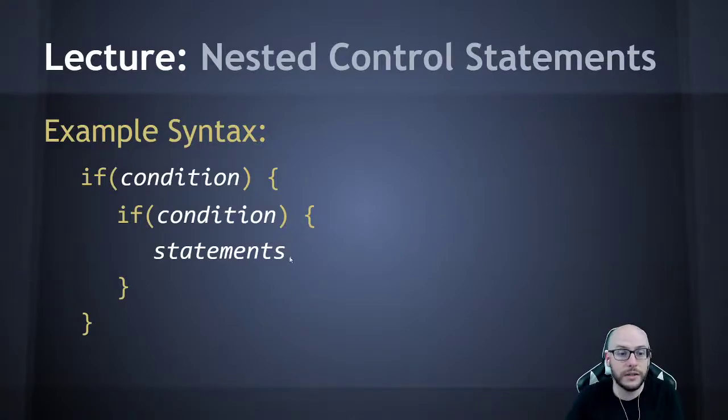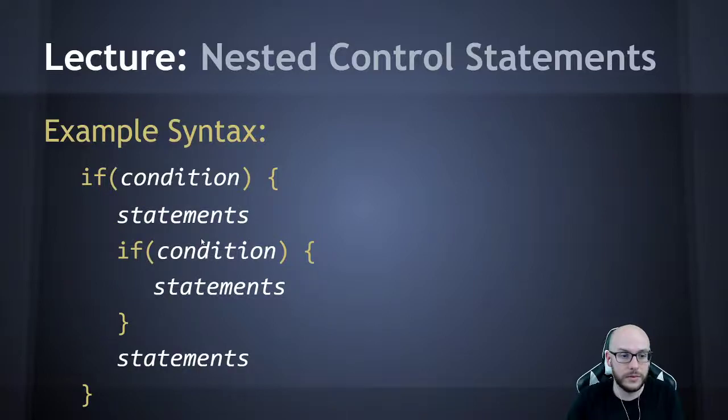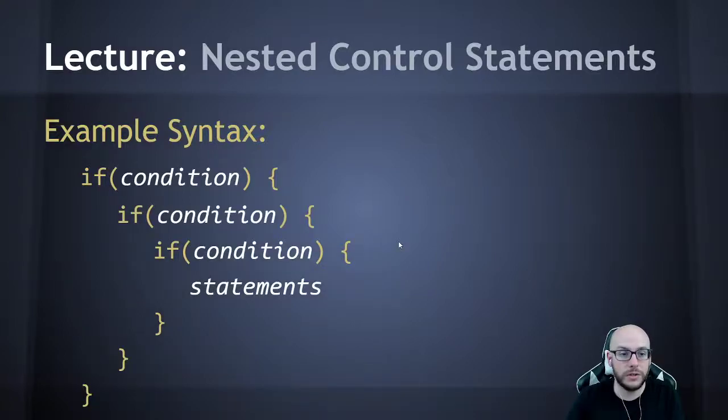And they just do it kind of naturally. Something of note is that we have a nested control statement inside of another if statement. You could have statements before and after that, so really the logic here is pretty deep. You can customize this to fit whatever you need to do.